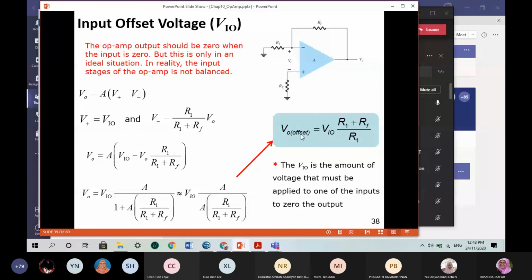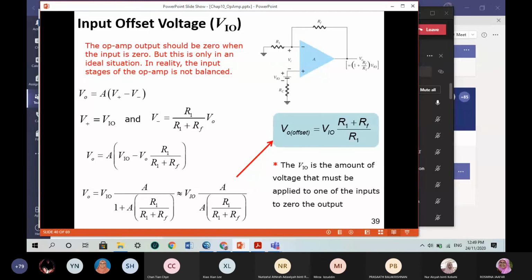You will have V offset equal to V input offset multiplied by (R1 plus RF) divided by R1. And VIO is the amount of voltage that must be applied to one of the input terminals to zero the output. So you apply VIO, the input offset voltage, to make VO become zero.